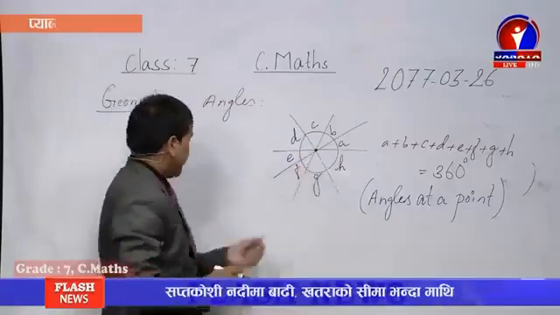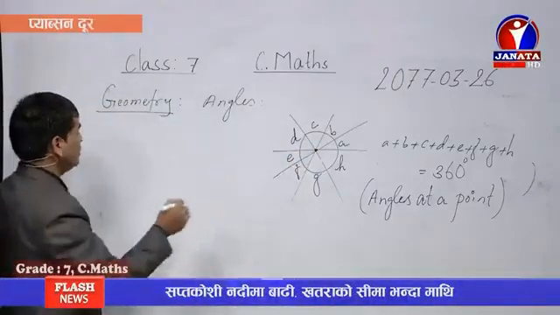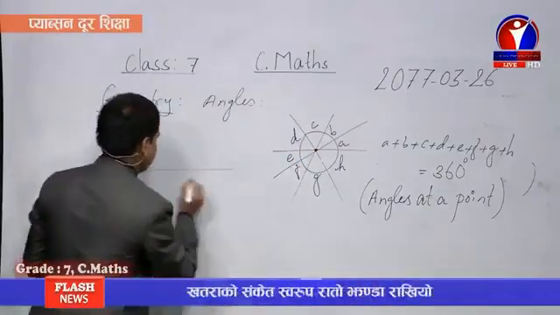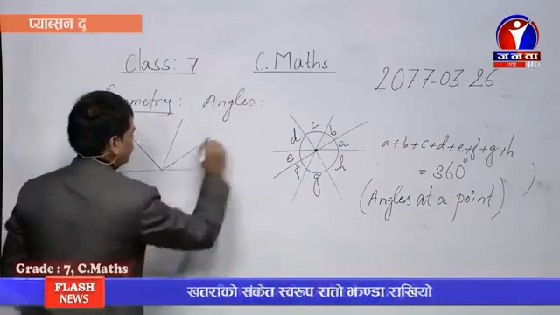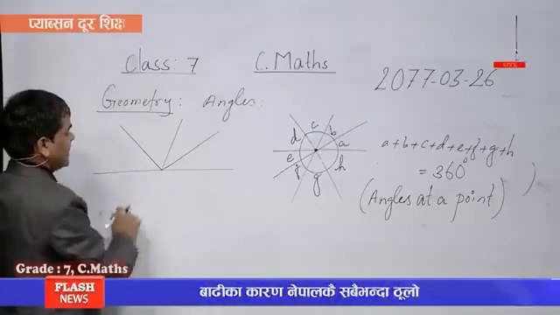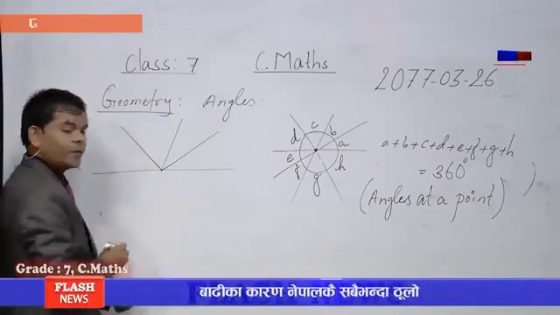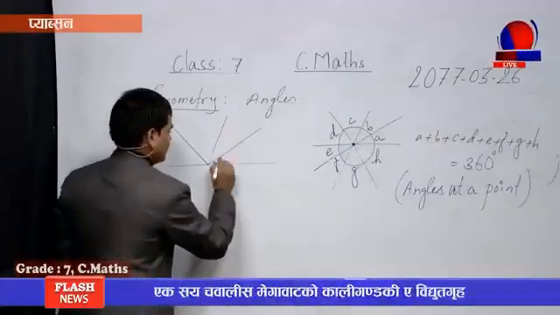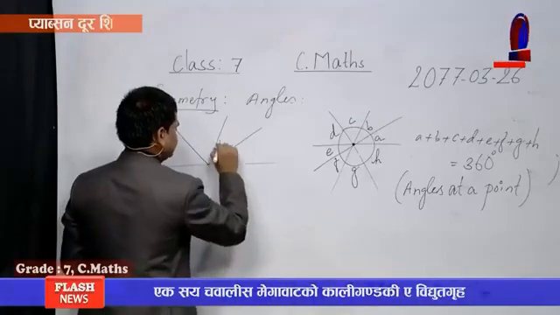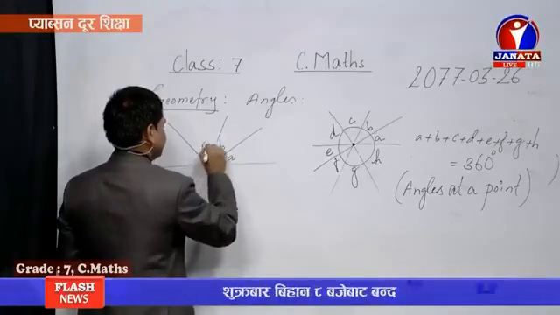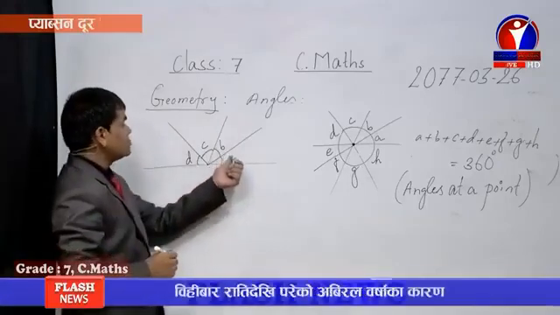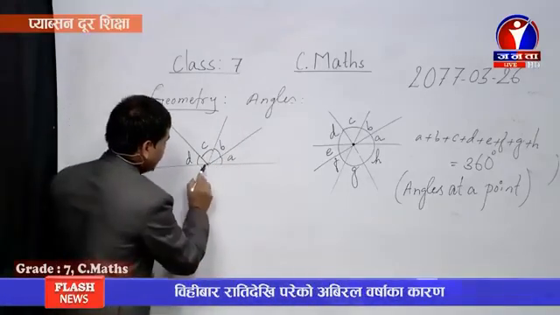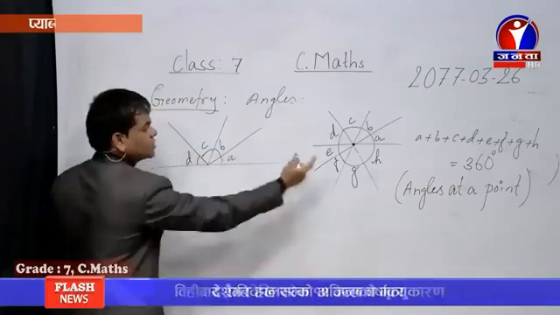Now another concept, dear students, you need to learn: in a straight line, if a point is taken and angles are formed by taking some straight lines joining the same point, for example A, B, and similarly C and D, then this altogether is, of course, the half part of the complete turn, isn't it?